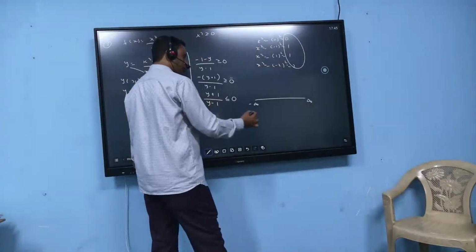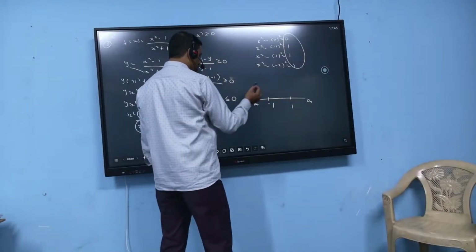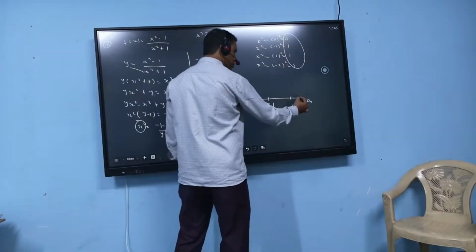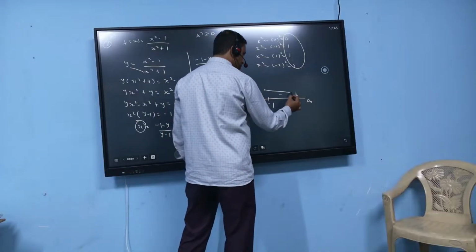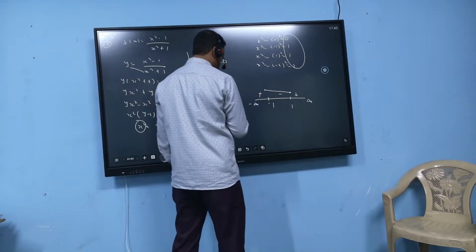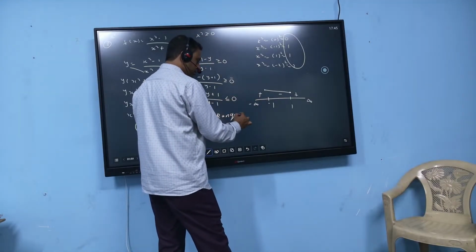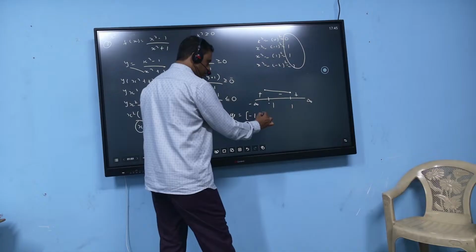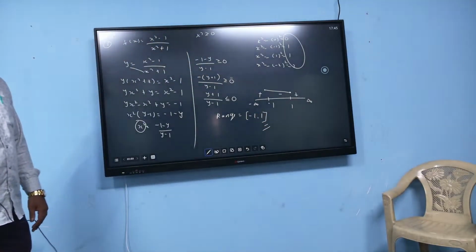If you have plus, take minus 2 plus. If I put 2, what answer will I get? Plus, no? Plus, minus, plus. So it is less than, so negative value we should take. They are telling it is less than. So what is our range? Minus 1 to 1.